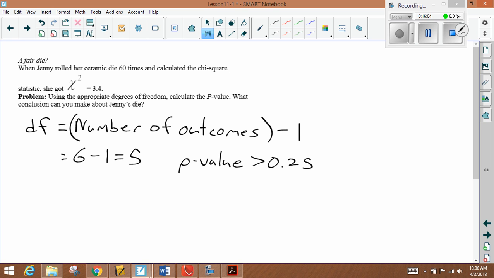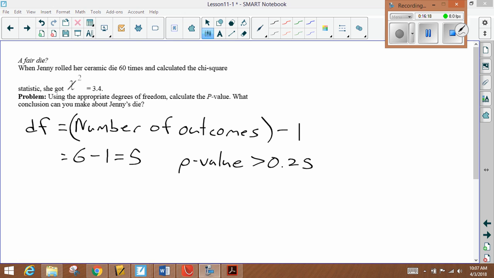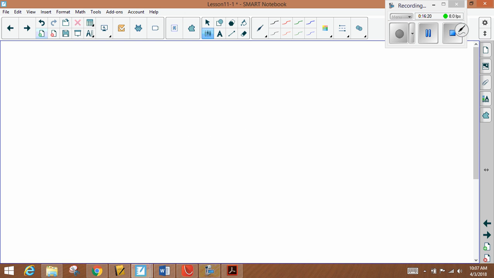And it's weird because you would fail to reject the null hypothesis. I'm going to have to find a better example. So let's actually do something different. Because that example is really bad.